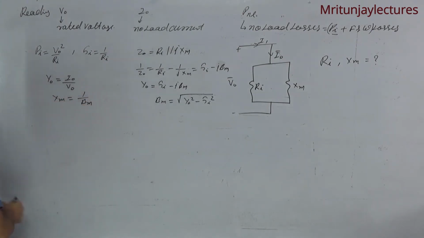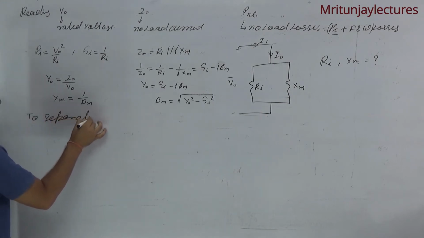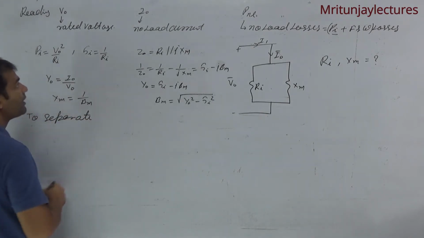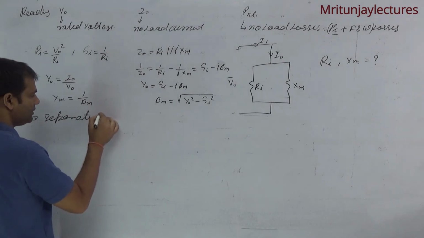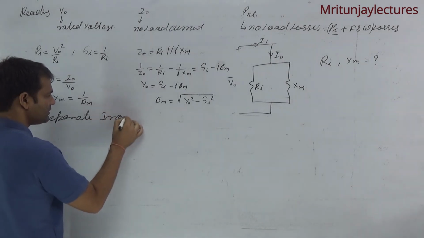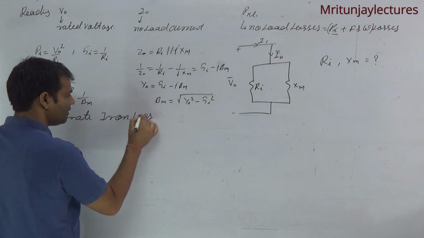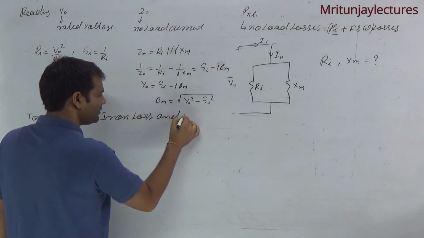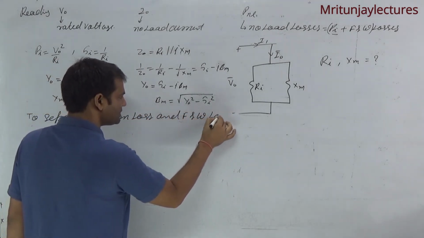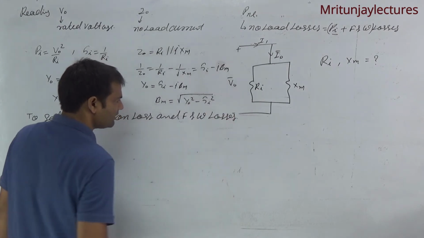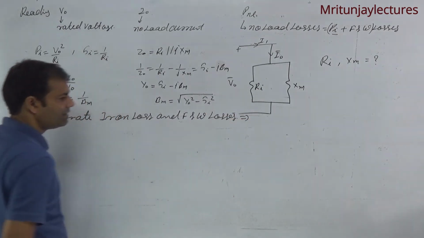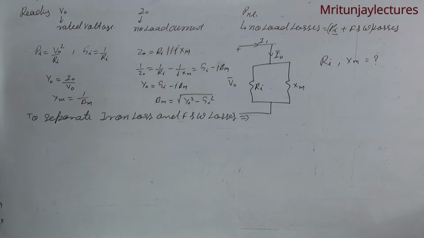Clear? Now, to separate the iron loss and friction and windage loss. Okay, friction and windage loss. Clear? How to separate?